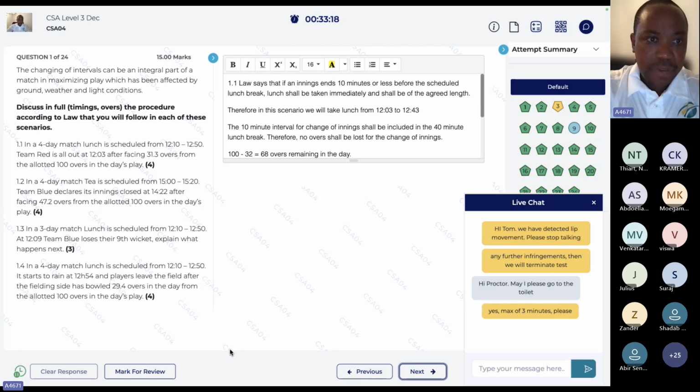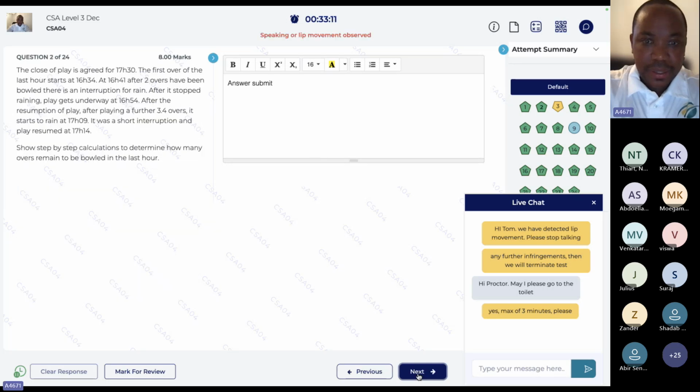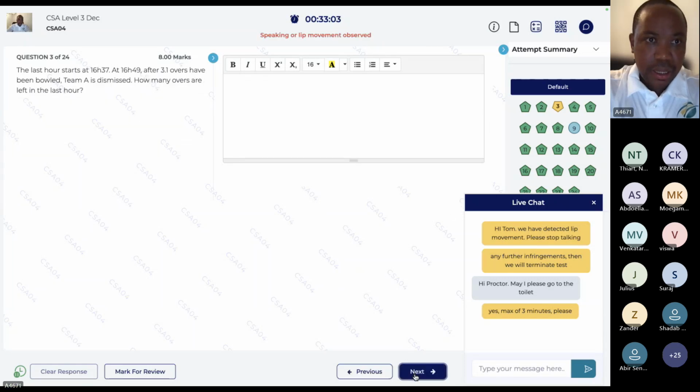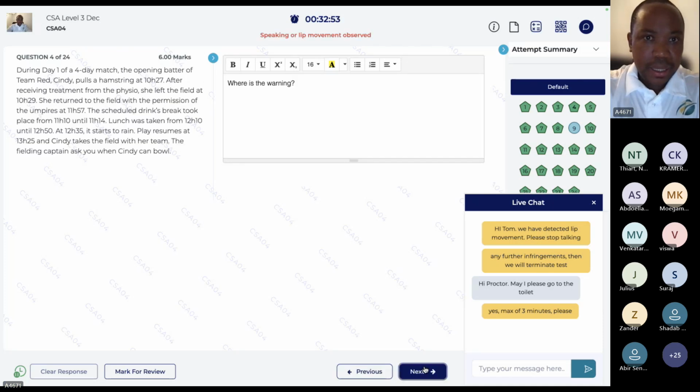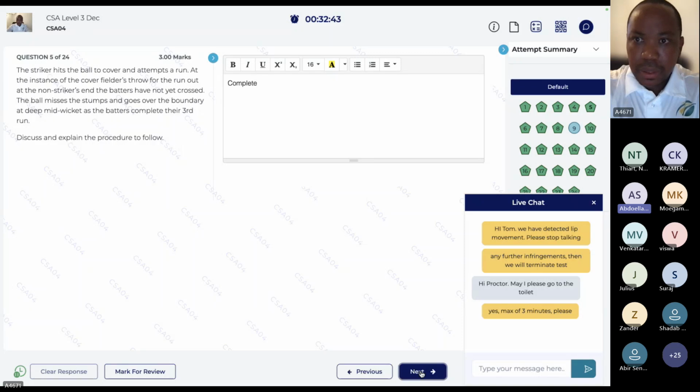I have gone past question 24 and I've clicked next, and I'm not sure why. I think I didn't put in an answer for question 3, so that's why it took me all the way back. Looks like question 9 is also empty, Tom.